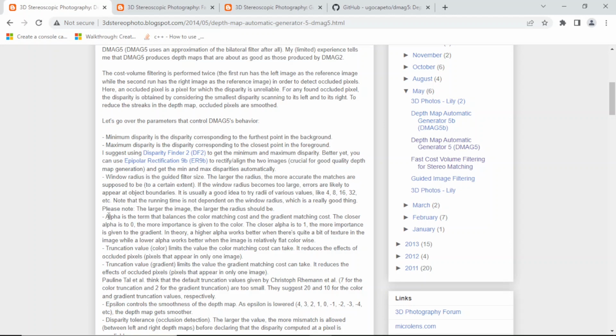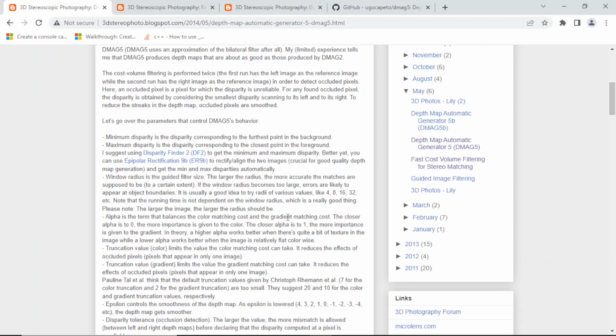Alpha balances the color matching cost and the gradient matching cost. The default is 0.9, so you give more importance to the gradient matching cost, which makes sense because if you have different illumination between the left and right images, the color matching cost is not going to be very useful.